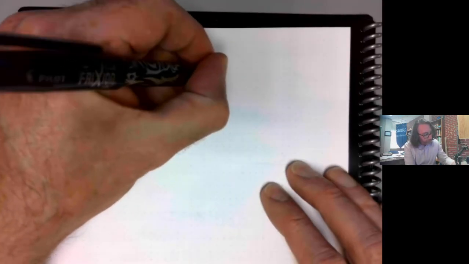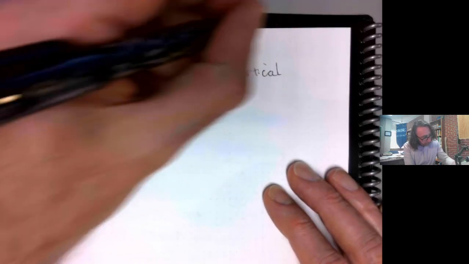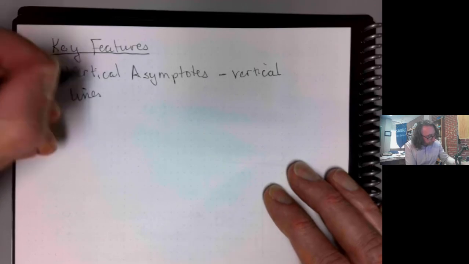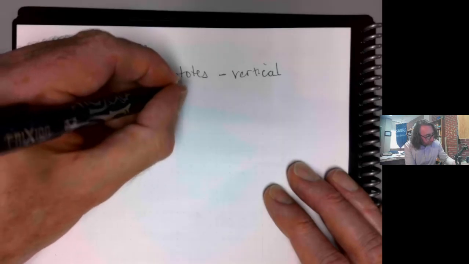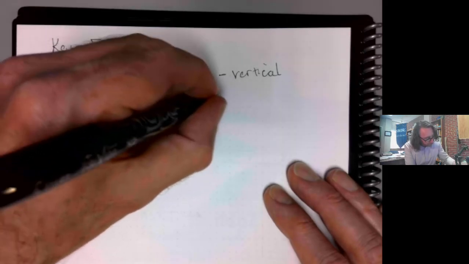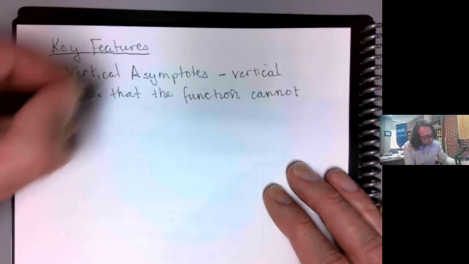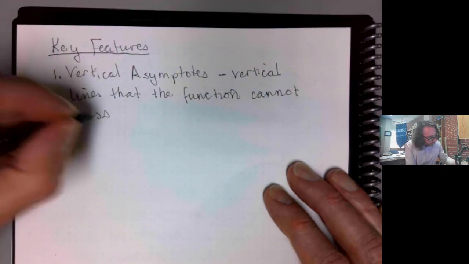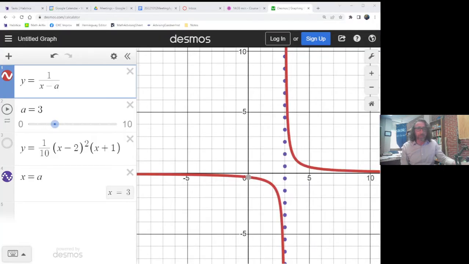Okay? These are vertical lines that the function cannot cross. So as we saw in our picture just a second ago, this function has a vertical asymptote at x equals 3.